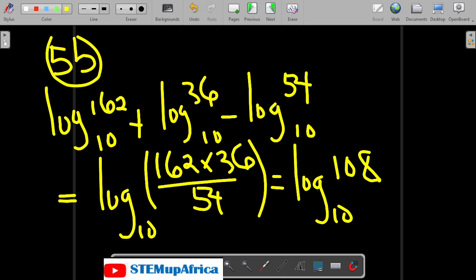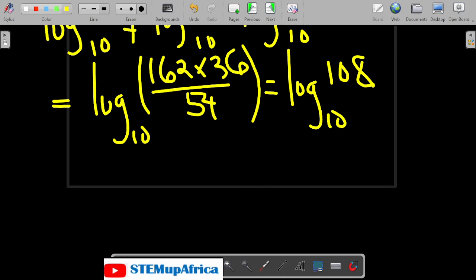So how will I write 108? What can I multiply to have 108? That is 27 times 4. So I will write this as log in base 10 of 27 times 4.